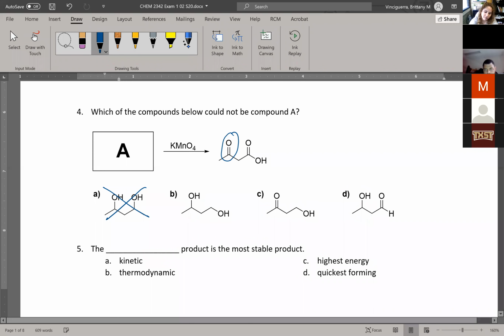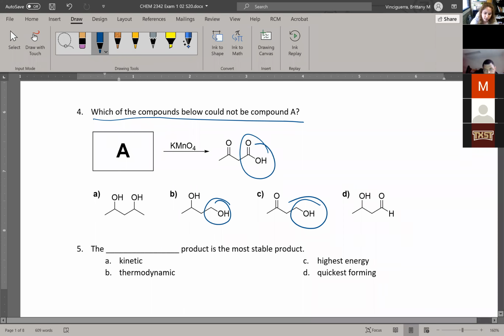So, I mean, by the time that you've identified question A, you've already kind of figured out the answer. But I had a lot of students pick this one for their answer. And so I want to talk about this real fast. So we've seen primary alcohols get turned into carboxylic acids pretty regularly. But what about aldehydes?